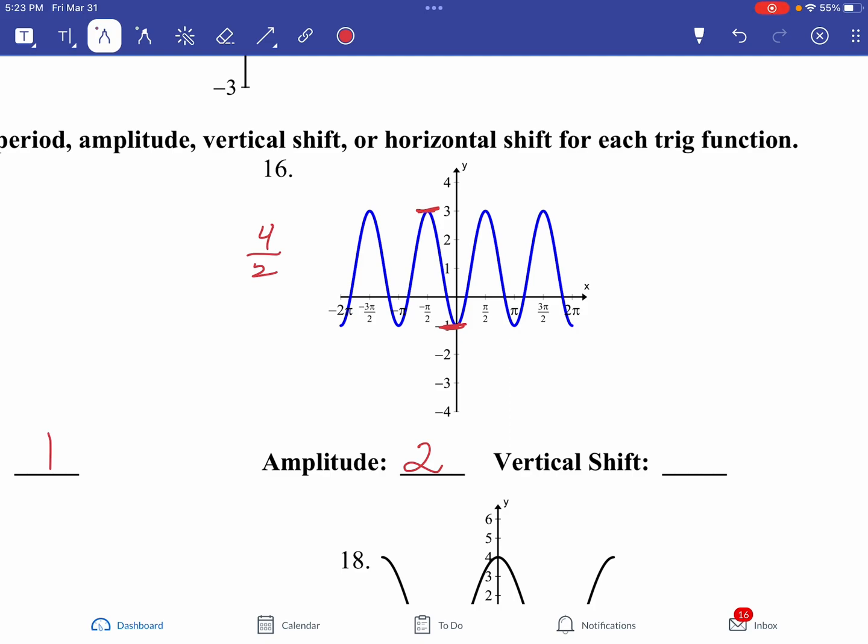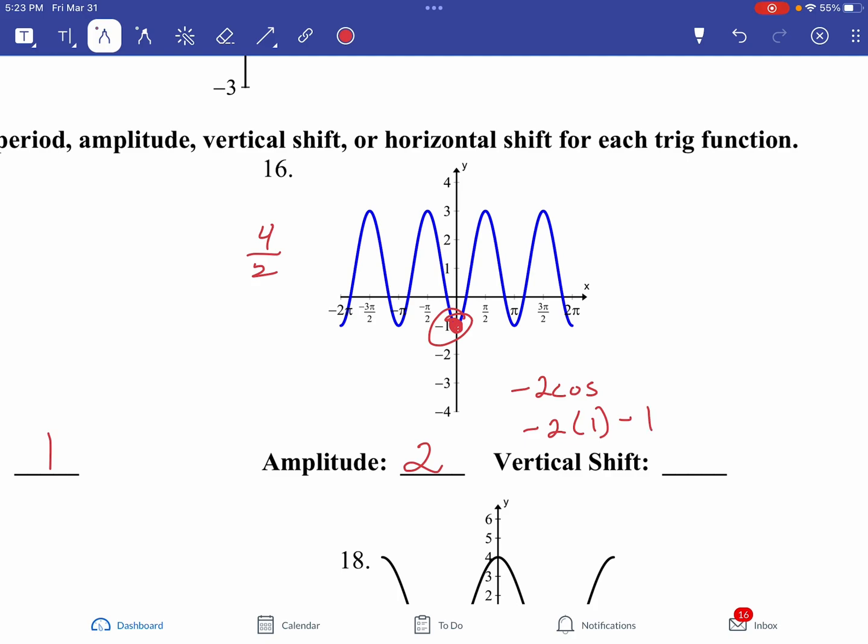So if we're starting at 2, let's say this is going to be a cosine graph starting down here. So it's going to be a negative cosine graph. It has an amplitude of 2. We already have that. So how do we get it to start at negative 1? Negative 2 times 1 would give us negative 2.